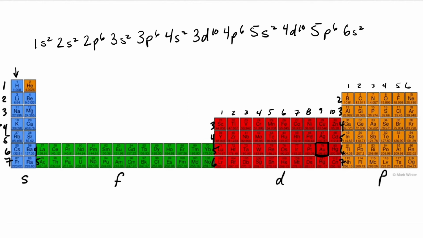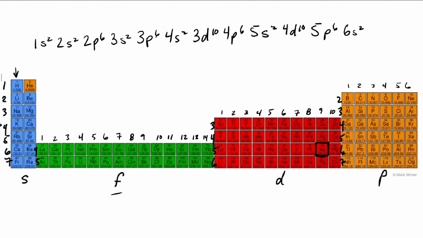6s2. Now we pick up the f block, or the f orbital, and there's 1, 2, 3, 4, 5, 6, 7, 8, 9, 10, 11, 12, 13, 14 atoms in that, so that means we're going to have 14 electrons in the f orbital.